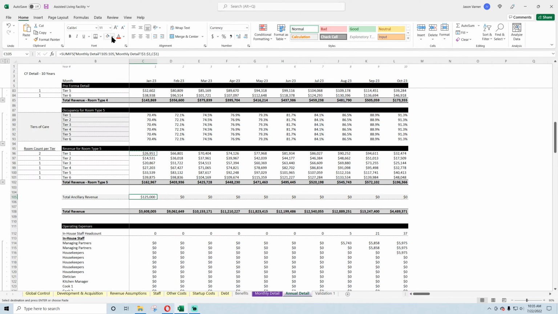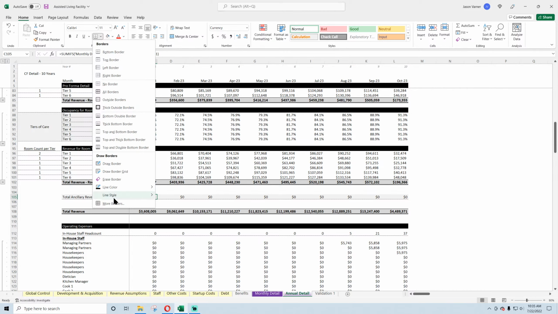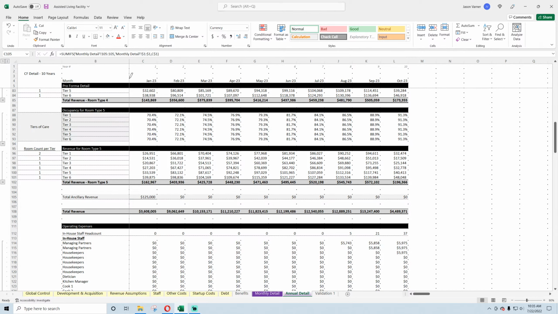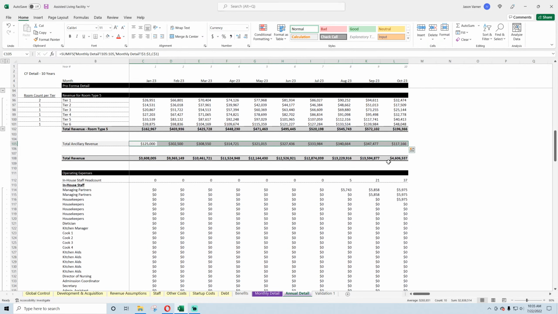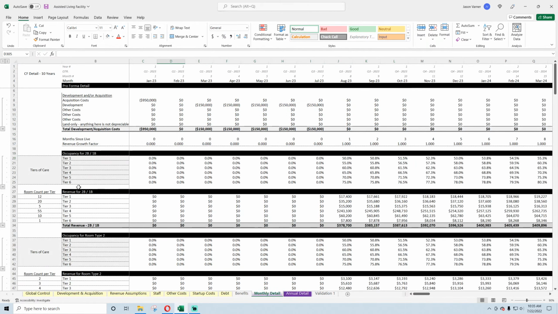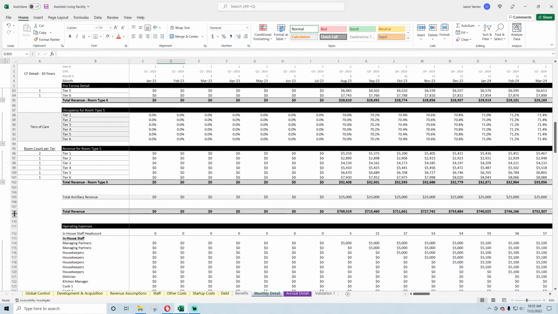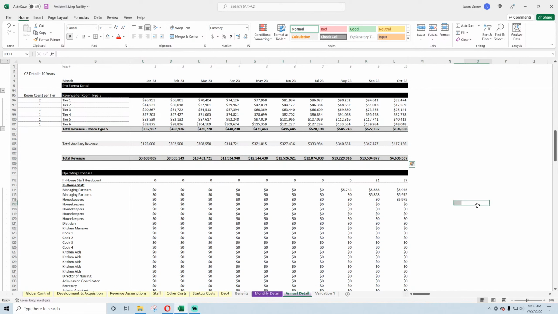Ancillary income, and total. So our total revenue should match. We'll check it. 103,936. 103,936 and then 44. Yep. Okay, so that's good.